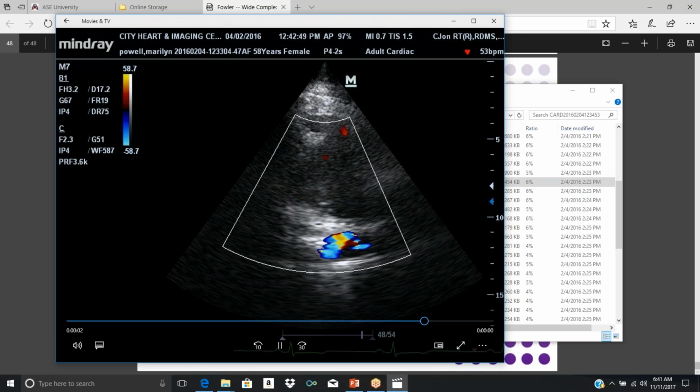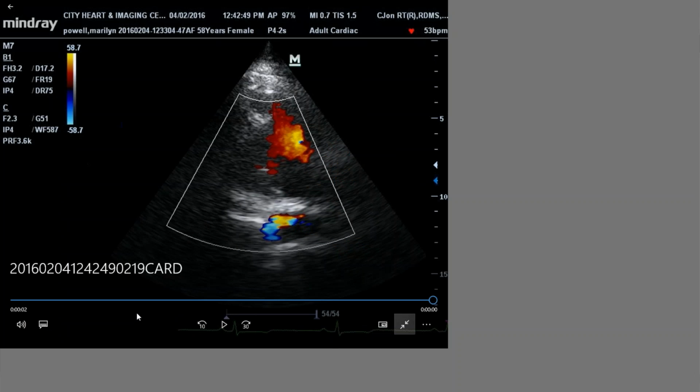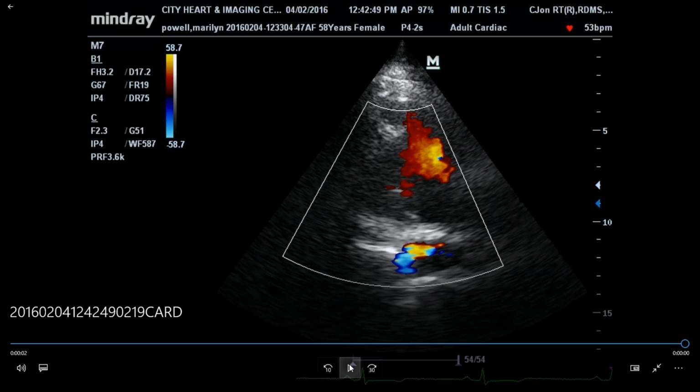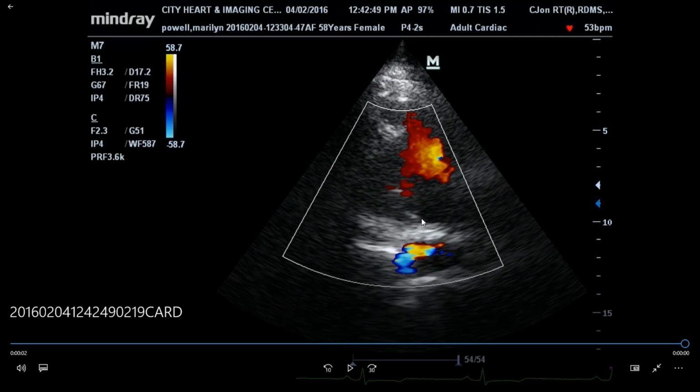Now this is color flow across your tricuspid valve. This is your RV inflow view, and you can see the same thing if you look closely. You can look across walls and you can look across valves.